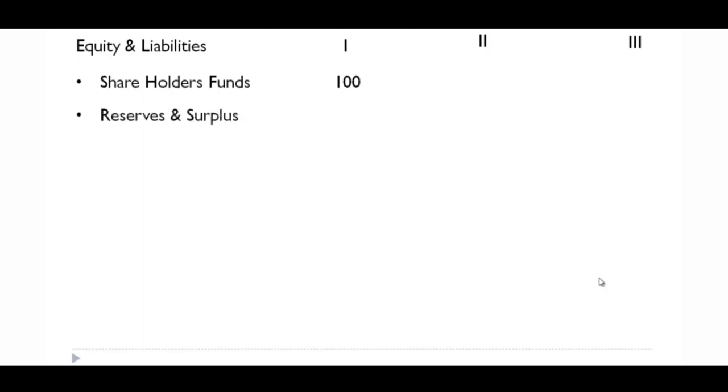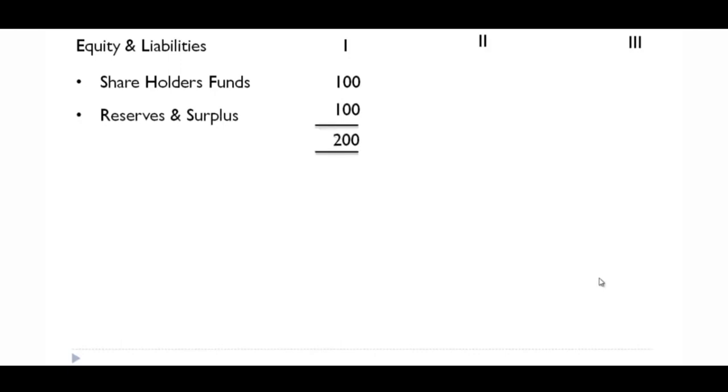Now to understand this long-term stability, we'll take an example by dividing this into three scenarios. We are going to have only the liability side of the balance sheet, where we'll list out the equity and liability. So we'll have case 1, case 2 and case 3. In case 1, the shareholder funds is 100, which is a direct contribution, and reserves and surplus is 100, which is an indirect contribution.